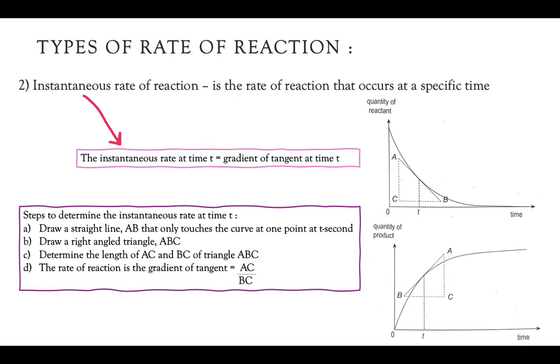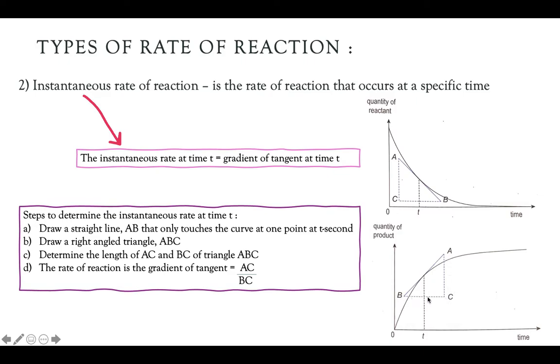Okay, second step, draw a right angle triangle ABC. Maka daripada straight line AB ini, kita akan sambungkan, make it a triangle A, B, and C. Okay, 90 degrees triangle. In step 3, determine the length of AC and BC of triangle ABC. So, macam mana kita nak determine the length of AC and BC?